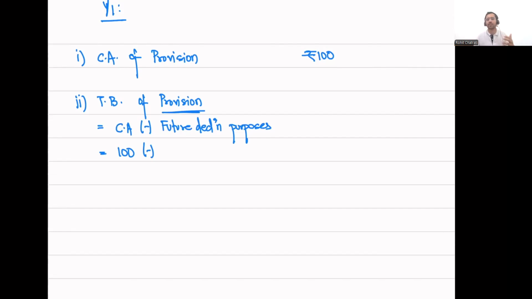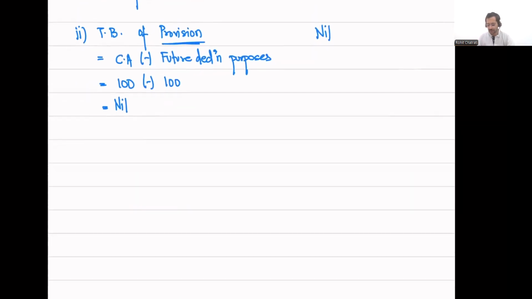So the amount that is going to be deductible in future for tax purposes will be equal to 100. Therefore, tax base is going to be equal to 0.